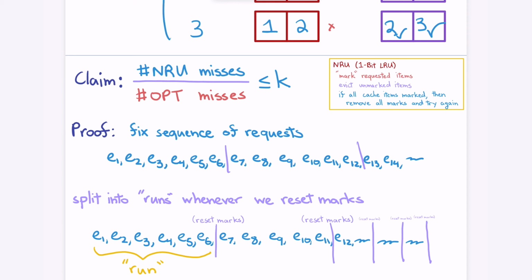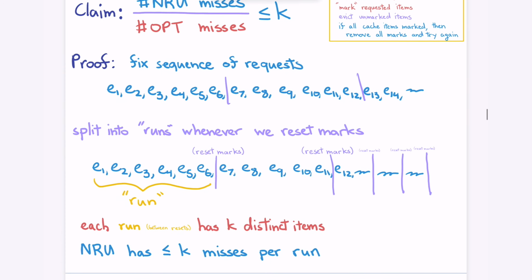For example, take the first run. How many distinct items are in the first run? Just to make sure we're on the same page. In this example there are 6, but in general, k, and it's the (k+1)th new item that forces a new run to start. So each run has k distinct items. Some of these items might come from the previous run, but looking only inside a run, there are k distinct ones.